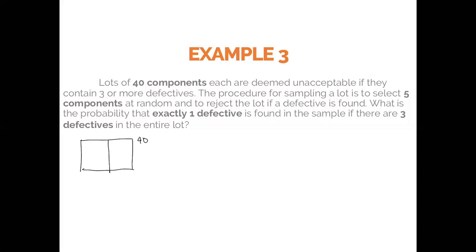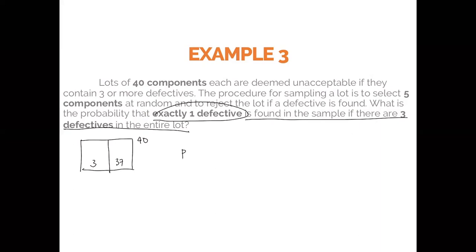So, ang defective mula dun sa 40, as mentioned, is 3, no? So, ibig sabihin, mula doon sa 3, meron tayong remaining na hindi defective. So, yun yung failure natin. Okay? Ang hinahanap ngayon, exactly 1 is defective.